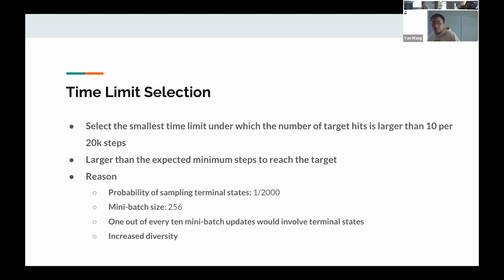So since we use a mini batch size of 256, we estimate that approximately 1 out of 8 mini batch updates would involve the terminal states. Additionally, including at least 10 terminal states in the discrete buffer will also increase the diversity of samples. Our simulation results show that this choice works well.